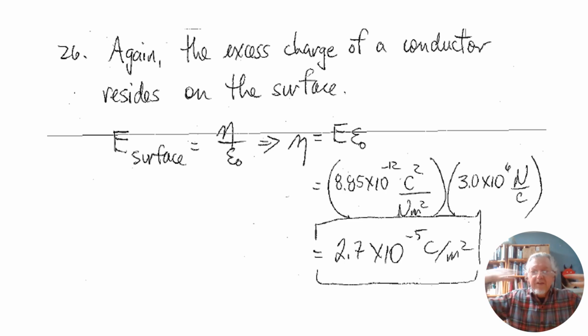The charge on a conductor is on the surface, so we need the surface density, and we're going to again use that consequence of Gauss's law and say that the field at the surface is the charge density divided by epsilon naught, and we can then solve for the charge density. So we get a sense of how much charge per meter squared we need. And so there's that. I think that's it. That's the last one.